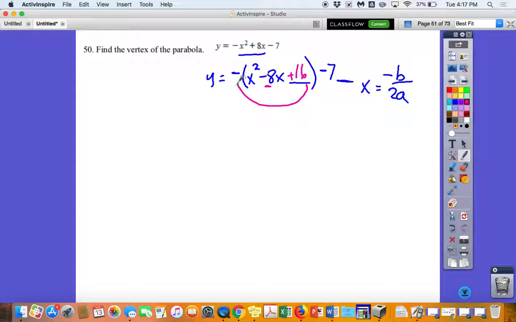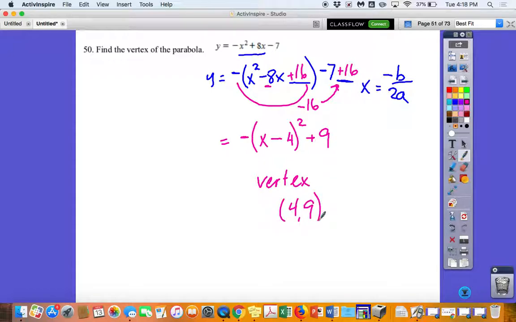But what did I really do? I really did a negative 16. So counteract it with a positive 16. So I bring down the negative from the front. Square root of the front. Same front sign. Square root of the back. Square. Put those like terms together. That's what? I think that's a 9. Yeah. So my vertex is going to be 4, 9. Okay.